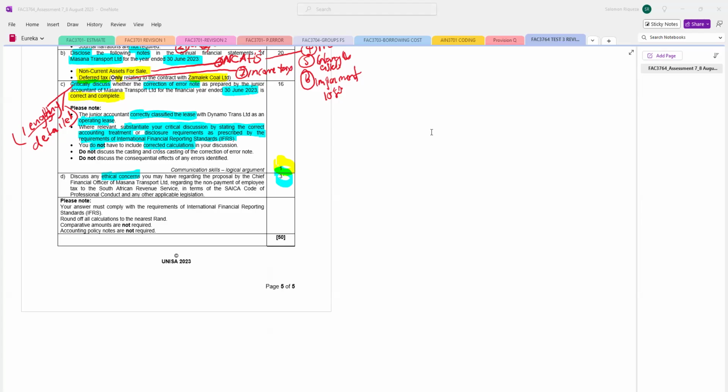So your answer should be based on the SAICA Code of Professional Conduct. You don't have to quote word by word, but just show a general understanding of the ethical concerns that accountants and any person in the accountancy profession should have.